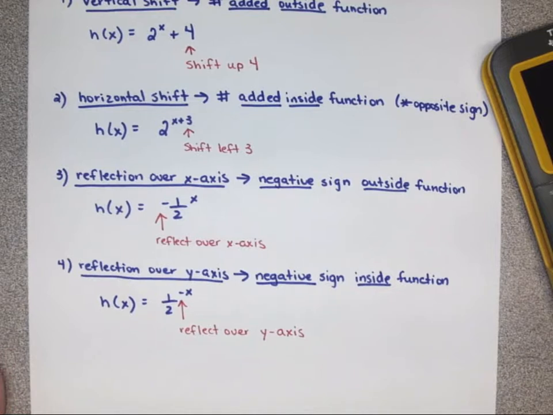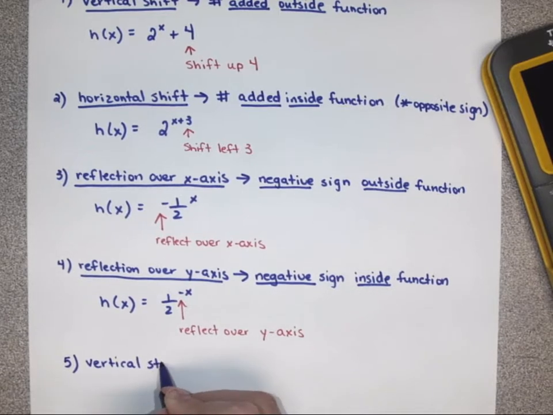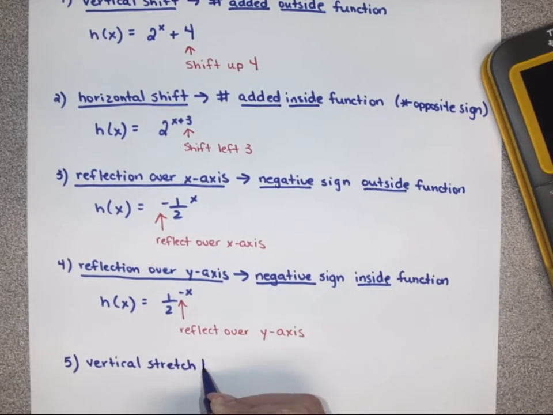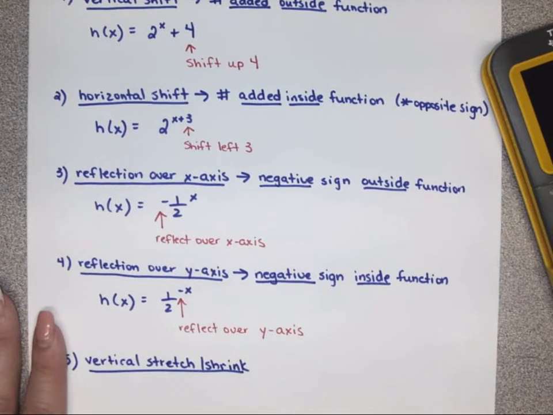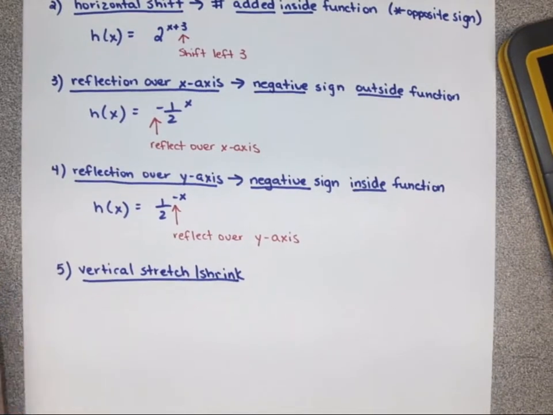So hopefully that's just kind of a review for you. Remember, these last two were usually the most challenging. So again, you might want to review that back in section 2.5 if you need to. But remember, a vertical stretch or shrink just means you're making the graph taller or shorter, right? So vertically changing the height of it, in other words.